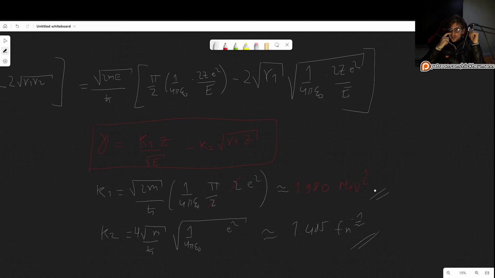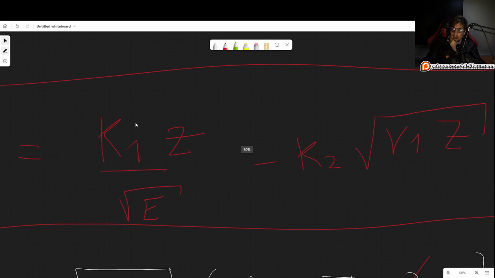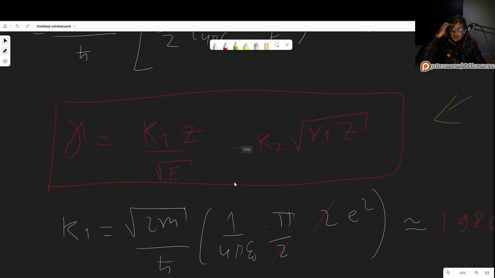So those are just constants, right? And what is important here is this result. Because if we now take basically any element and we put in its value of z, the particular energy that the alpha particle will have, and we also put in the radius, we can find gamma.